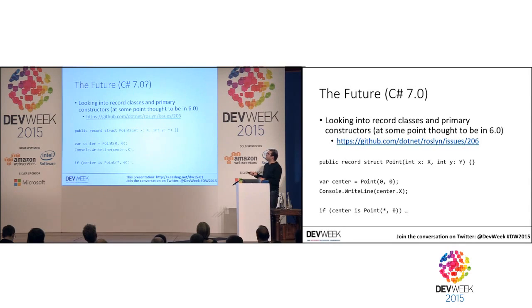So you wouldn't have to use new for record types. You just say the type name. And even in a nicer fashion, you'd be able to deconstruct the record type and do pattern matching. And here's a simple example. You could ask if this object here of type point has the structure of point, and then the first part of the point is anything, but the second part, the y, is 0.